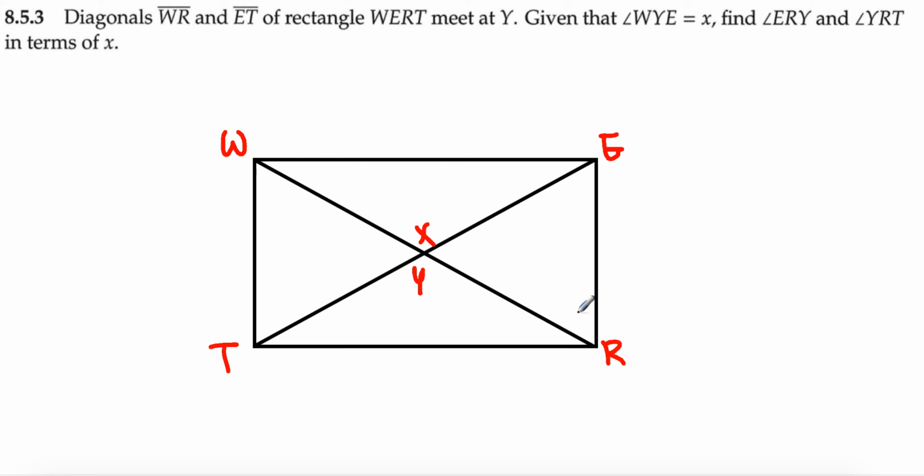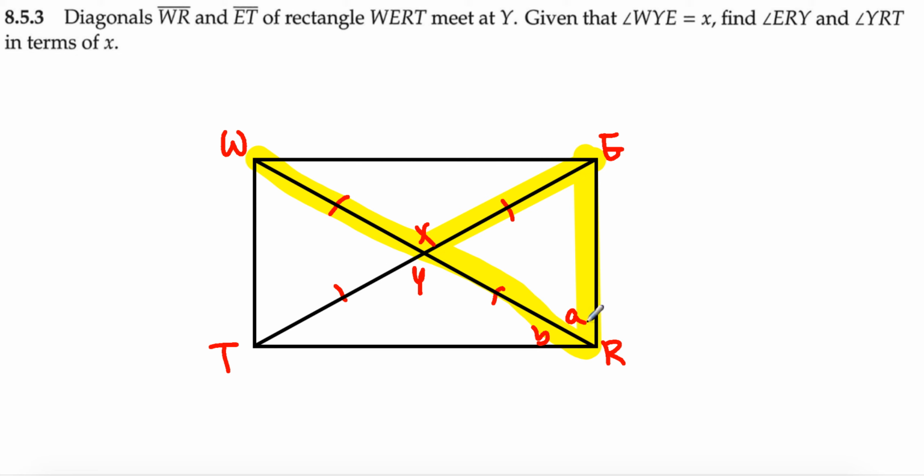Let me call that A. And then YRT, let me call that B. To find A, we can easily see that the yellow one is a triangle where x is the exterior angle. And not only that, here we have this length must be equal to this one. In fact, all 4 line segments are equal in a rectangle.